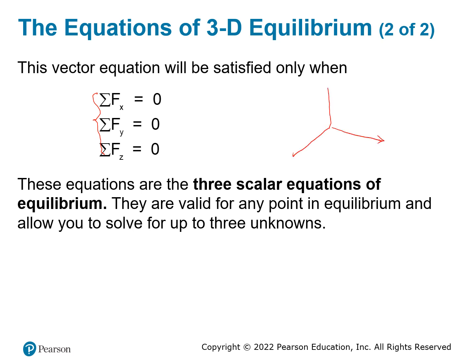This will be my X, this is my Y, and this is my Z. Then I'll say this is the x direction, which is my positive direction. My y will be in this direction, which is positive, and my z is going up to be my positive direction. Each one of these equations is a scalar equation, so you solve all three to find the three unknowns.